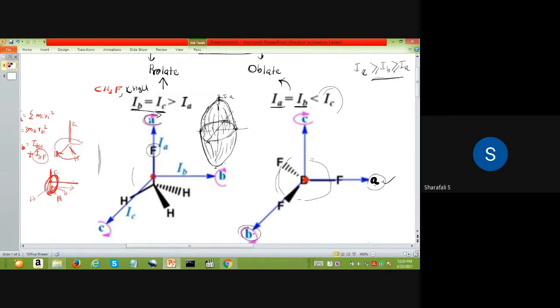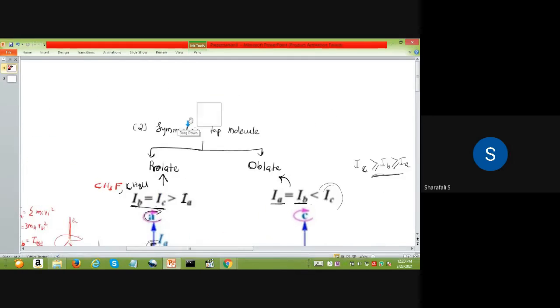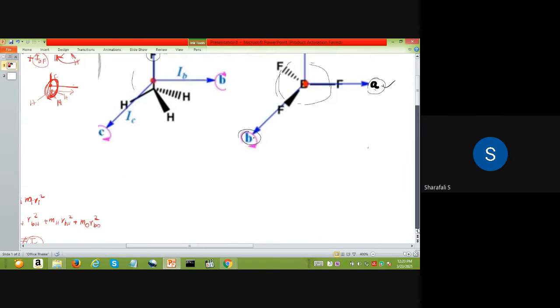You can take it in any way. Depending on your axis, you can change the axis so that you can keep this structure. So IA should be smaller, and IB and IC. If you draw that, just consider the IA, IB and IC axes and draw that particular structure.